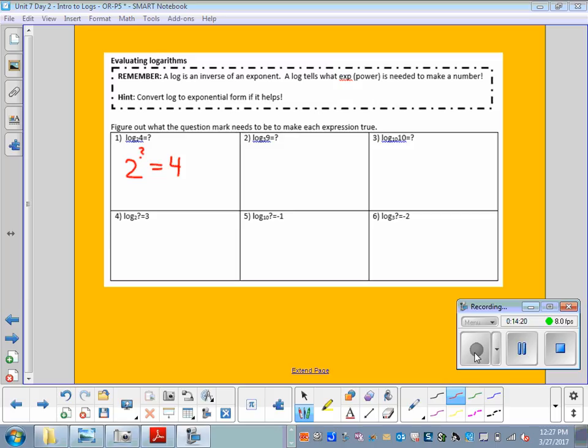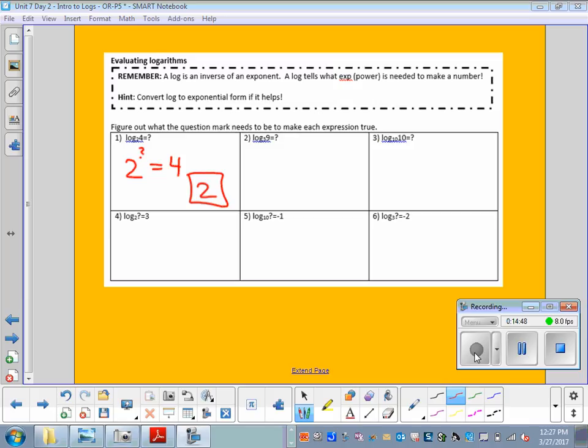So I can figure out what this question mark is. What is it? 2. So my answer would be 2. So log base 2 of 4 equals 2. If it's still difficult to process the log form, then we want to convert it to exponential form first.